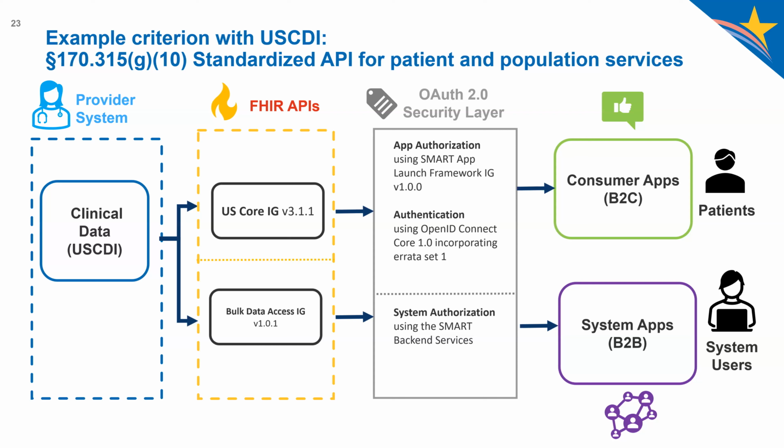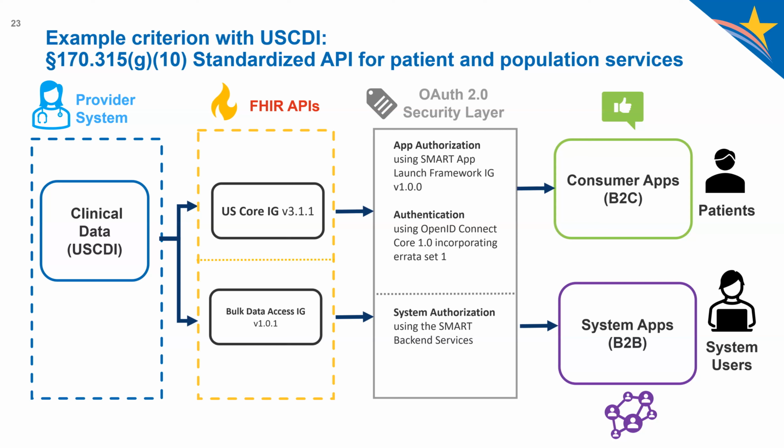And specific FHIR implementation guides define the requirements for those APIs, including US Core and bulk data access implementation guides. Additionally, these APIs also are required to have a security layer for app authorization. And this security layer is designed around the OAuth 2.0 standard, so app authorization to access data is done in a secure manner.